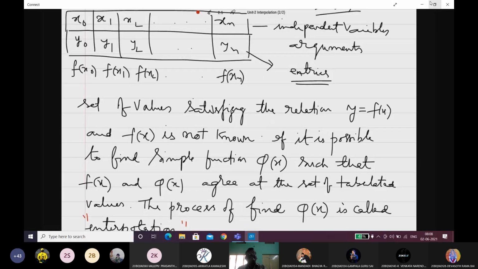That is called interpolation, exact interpolation. Suppose beyond those values, that means x is less than x0 or x is greater than xn, then it is known as extrapolation.